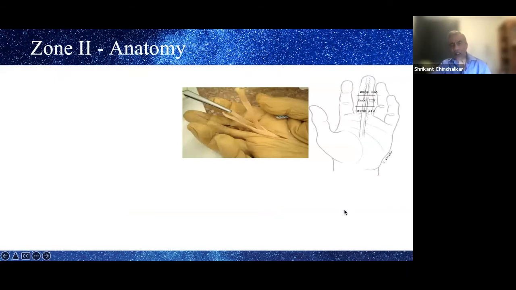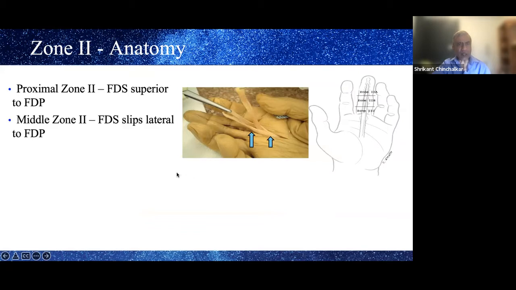So now let's focus in detail on zone 2 anatomy. If you look at the zone 2 anatomy, it changes its orientation. Proximally, when the tendons are proximal to the PIP joint, we can see that flexor digitorum superficialis is superficial to profundus. Just around the PIP joint, in the middle section, flexor digitorum superficialis splits into two lateral slips.